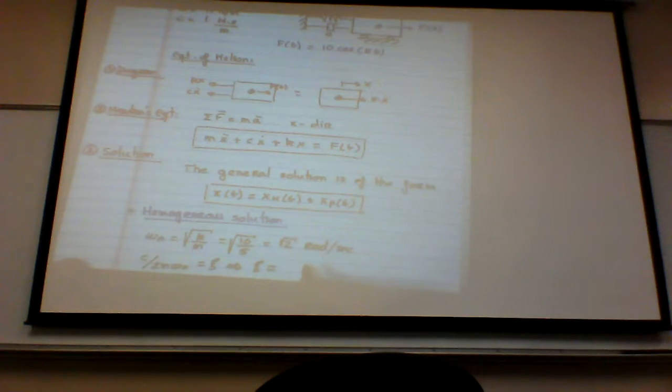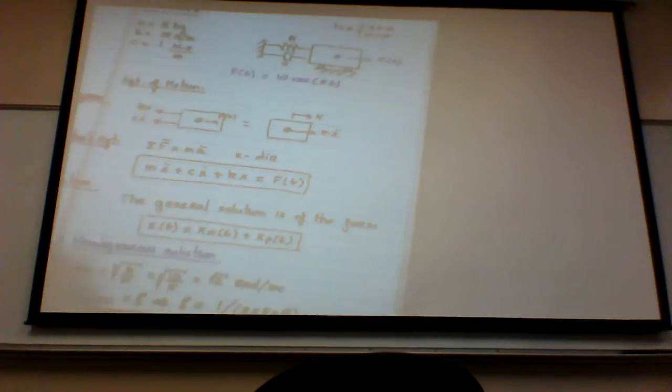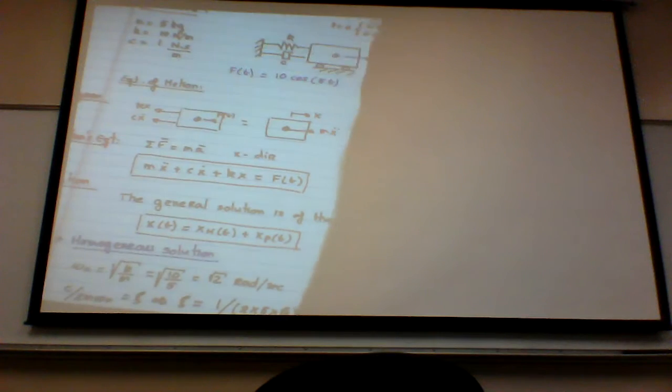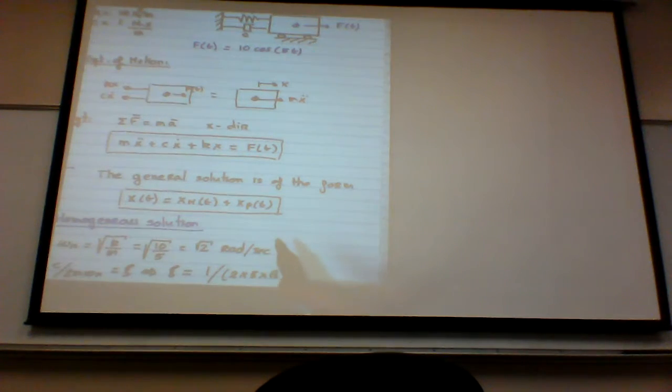It is 1, no? Divided by 2 times 5 times square root of 2. I need to go to the next page. I don't have the result, so I'm doing it differently. I'm trying to go a bit faster.